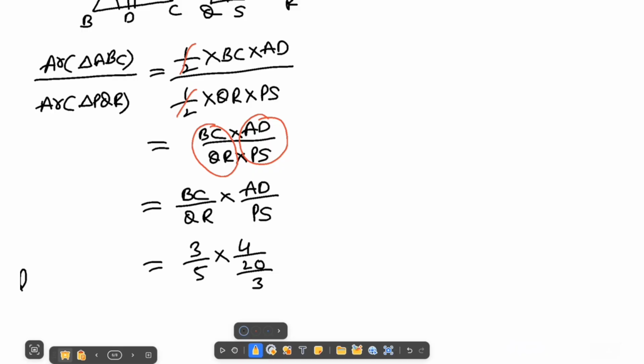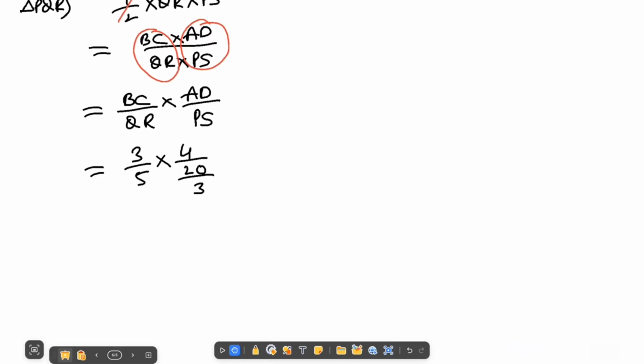Now this equation becomes like this: 3 by 5 into, so this 20 by 3 will get reversed, 4 into 3 by 20. The reciprocal of 20 by 3 is 3 by 20.